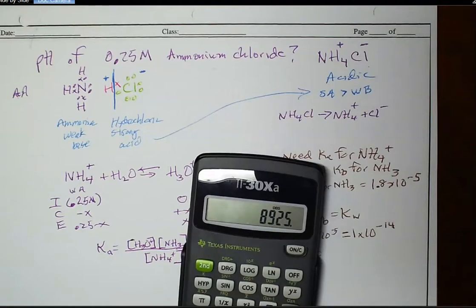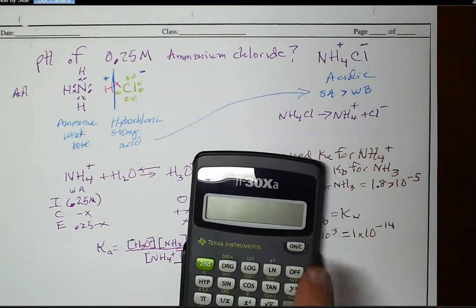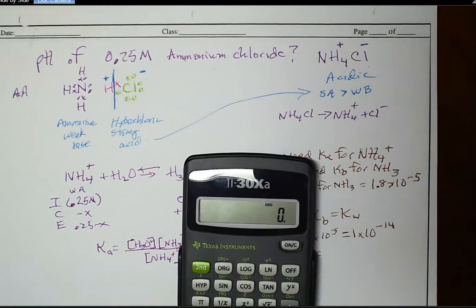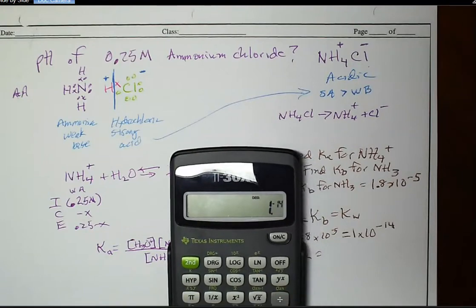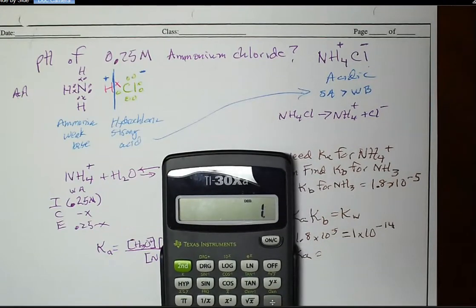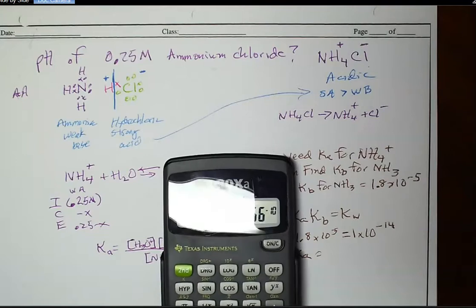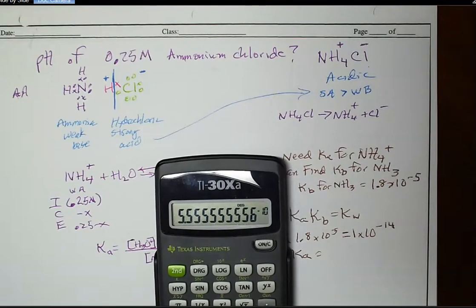Let's clear that. And we need 1 times 10 to the negative 14 divided by 1.8 times 10 to the negative 5, and that gives us 5, and repeating 5s forever.